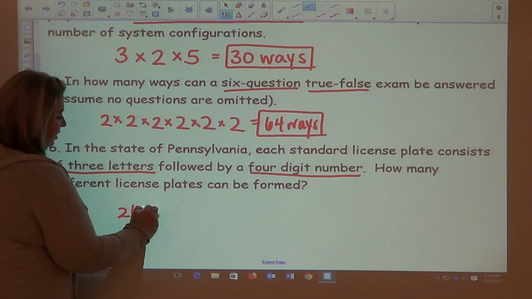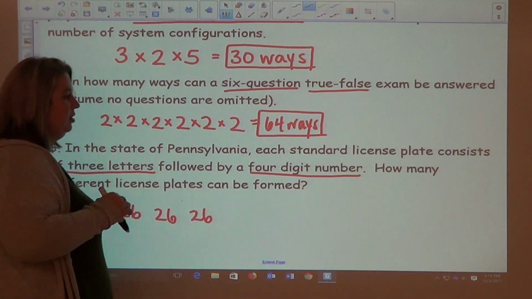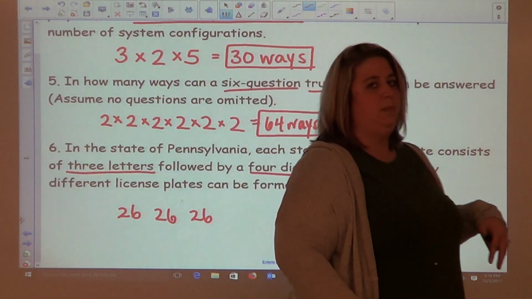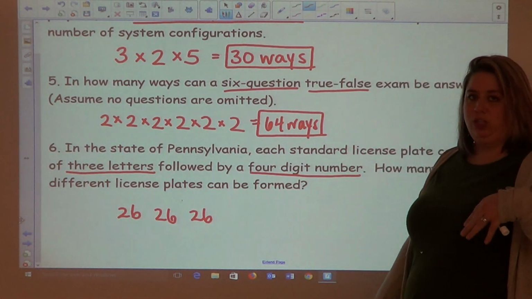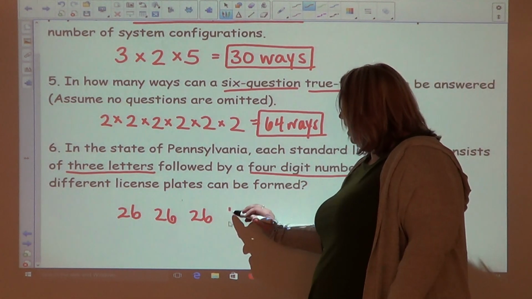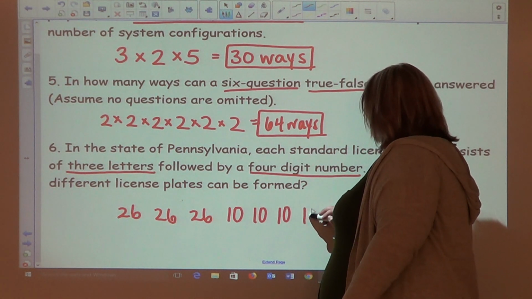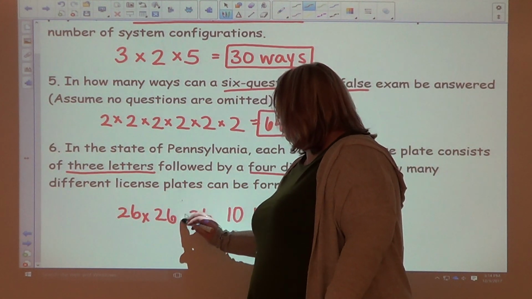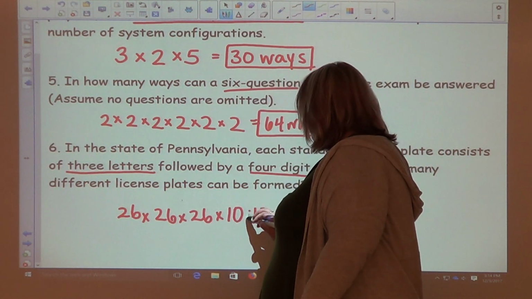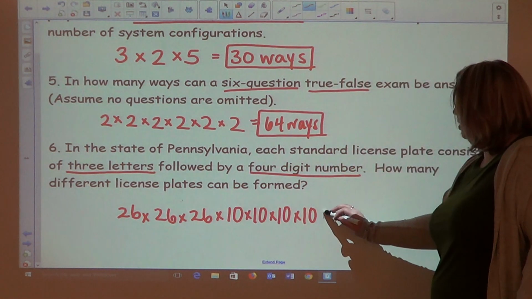So we have 26 options for my first 3 letters. And then a 4-digit number. Well, if you think of all your single digits, you have 1 through 9 plus 0. So there's 10 options for each of those 4 digits. Okay, multiply all together. This is how many possible license plates you could have, and it's a really big number.